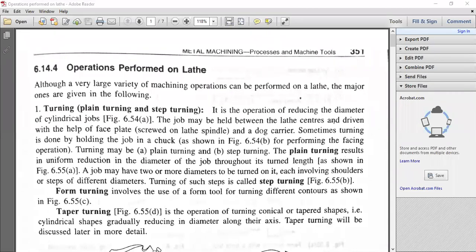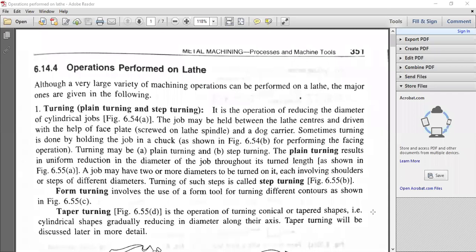Every tool coming to the tool room has to be inspected by the tool room inspector, whether it has the different angles as per the single point cutting tool nomenclature, the nose radius and other things. That is a very important aspect to consider, and we have to see that everything is taken care of. Every tool coming for production has to be quality checked before it is passed to the production people.